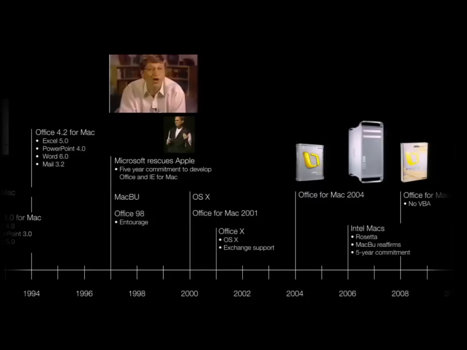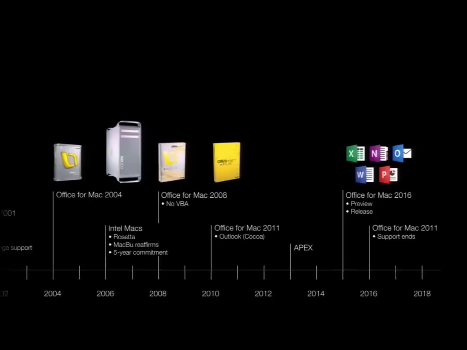That same year, Microsoft founded the Macintosh Business Unit, or MacBU, which would eventually become the largest Mac software developer outside of Cupertino. They also released Office 98 for Mac. 3 years later, Apple released OS X, a major architectural change.